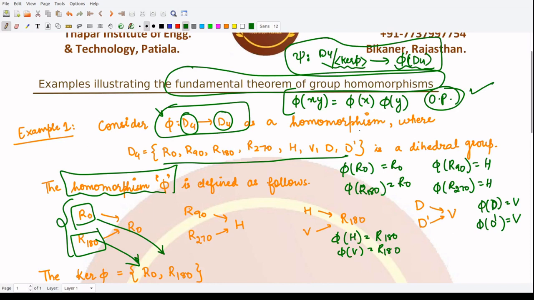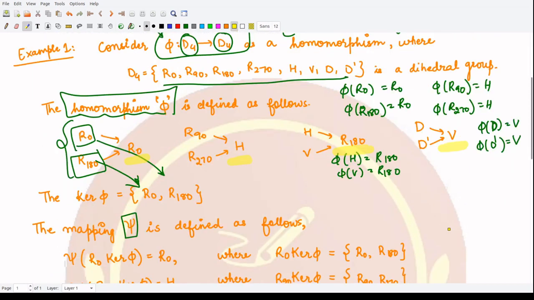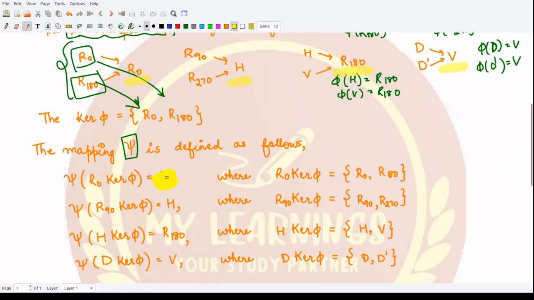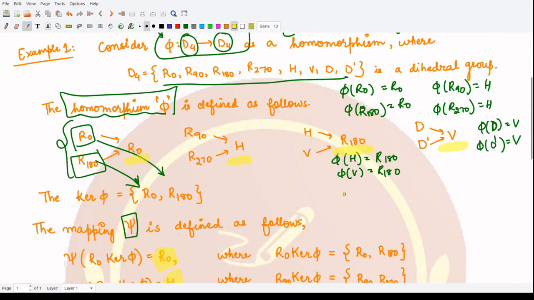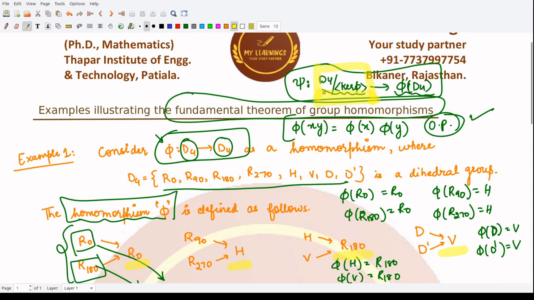And what elements are present in the image of D4? You can clearly see we have R0, H, R180 and V present in the image of phi. So we have 4 elements present within the image. And in the domain, what elements do we have? We would have all the cosets of this group D4.